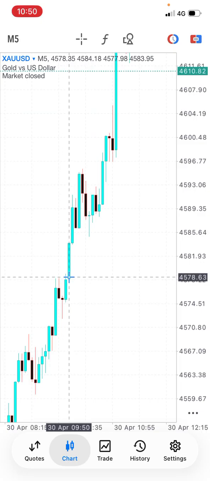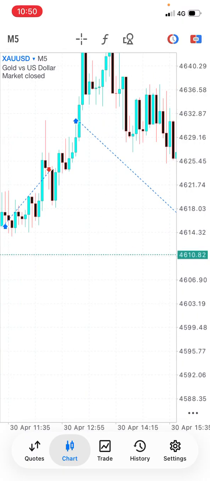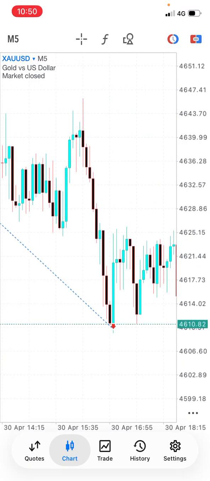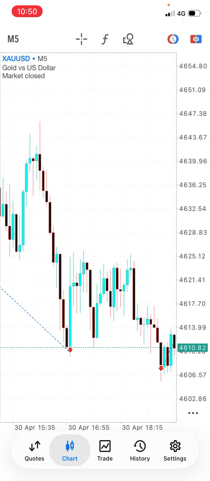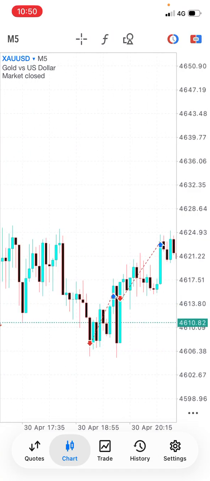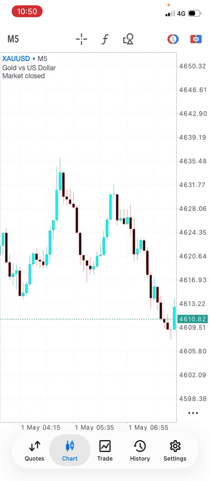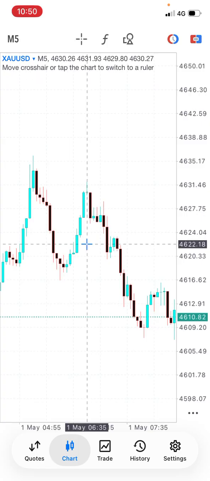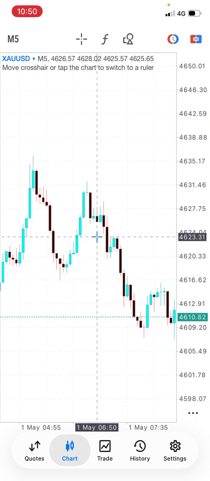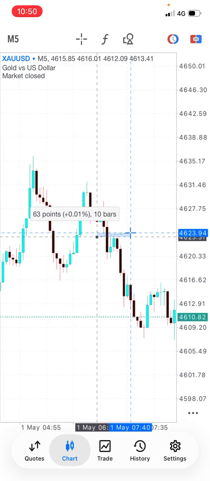And in a bearish setup, I wait for retracement. I wait for price to rotate into a bearish fair value gap here.